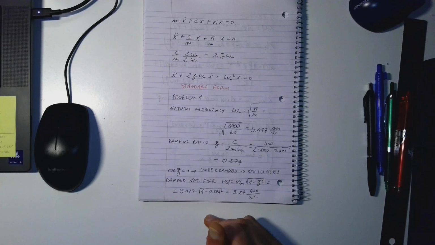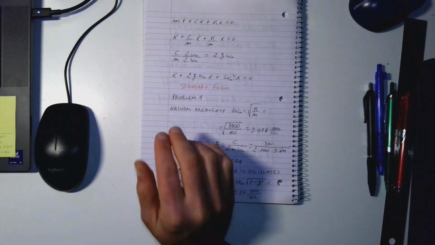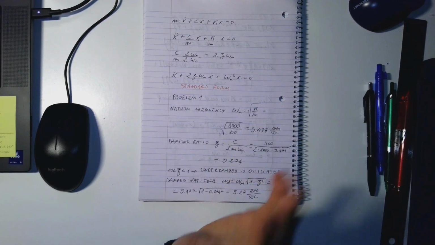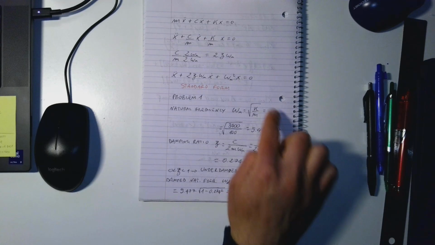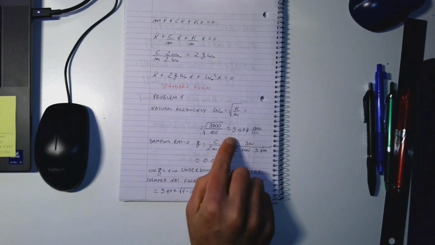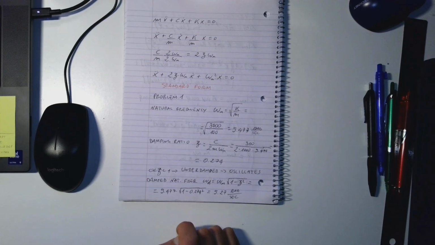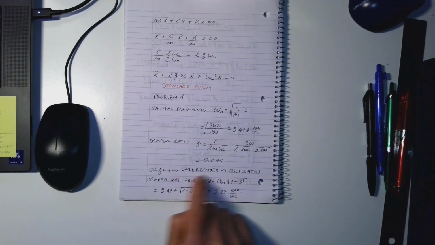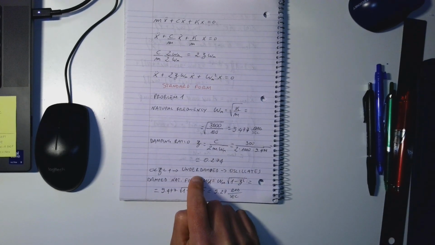And then we went through a couple of problems. In the first case, we had a system and we knew the value of the elastic constant, the mass, and the constant of the dashpot, and we were asked to calculate the natural frequency, the damping ratio, the damped natural frequency, and also to determine if the system is underdamped, critically damped, or overdamped.